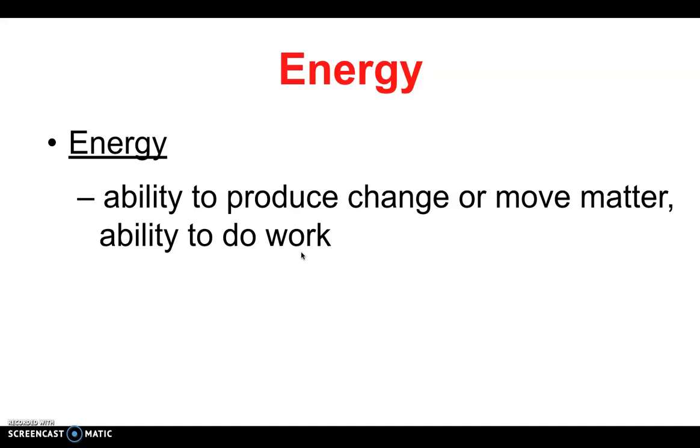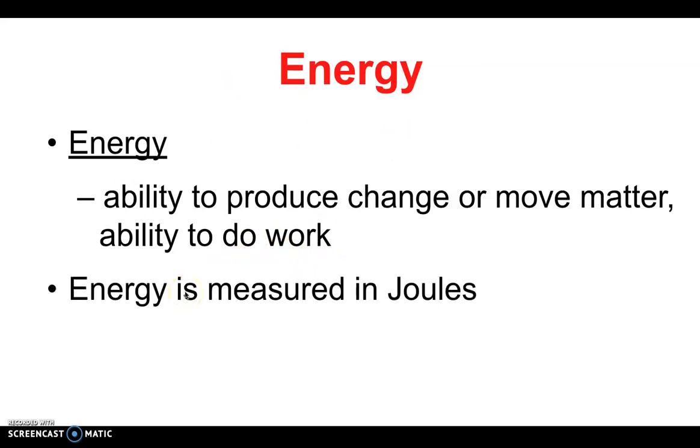Sound energy, well, that's producing a change and it's moving matter, the little particles of air or anything that sound is traveling through. Light energy, well, that's producing a change and it can do work with something like a solar panel. So all of the different types of energy we've learned about fit in this description.